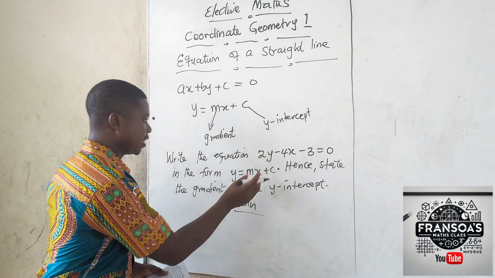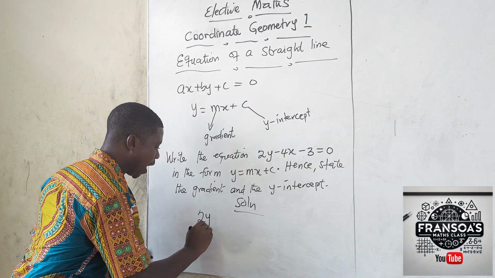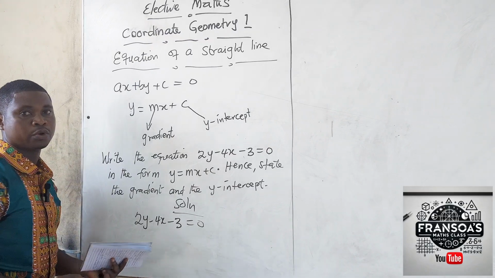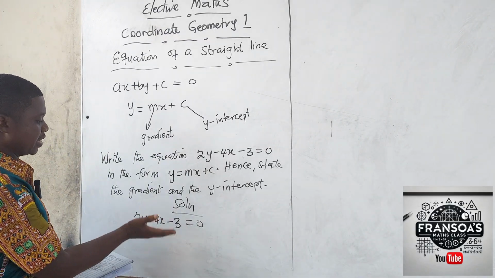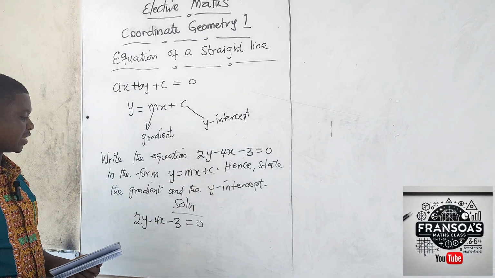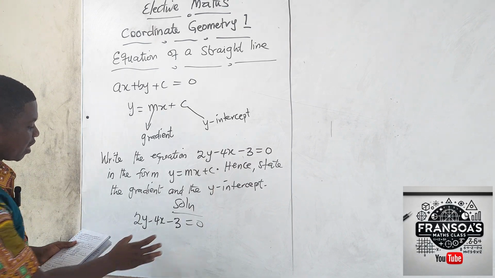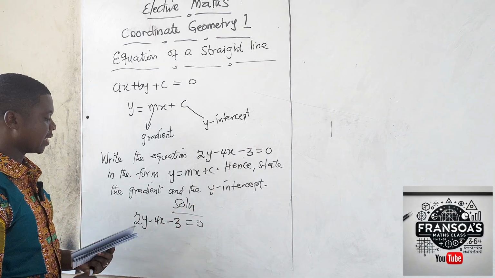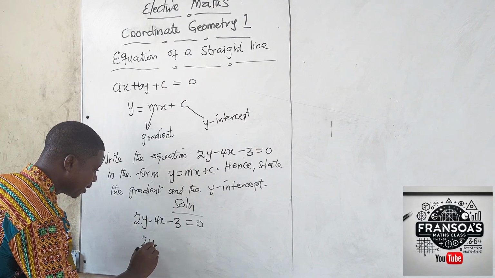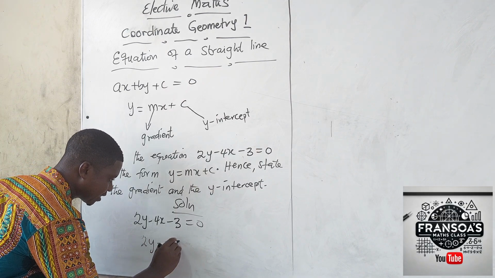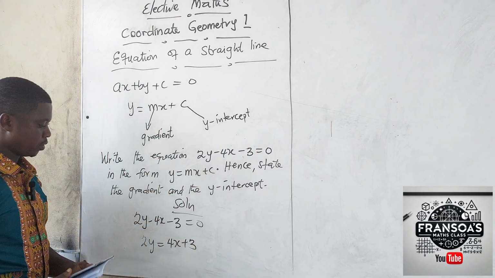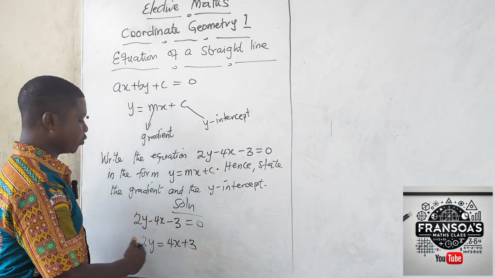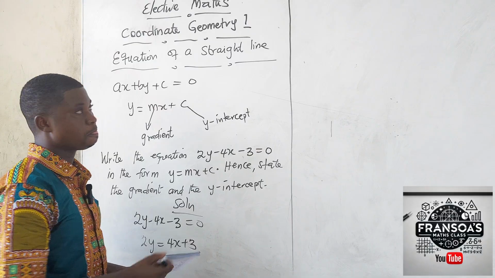So first, this is our equation 2y minus 4x minus 3 equal to 0. Looking at this, to convert it we have to make y the subject. To make y the subject means we have to send the x and the constant to the right hand side. So we have 2y is equal to 4x plus 3. We have to divide both sides by 2.